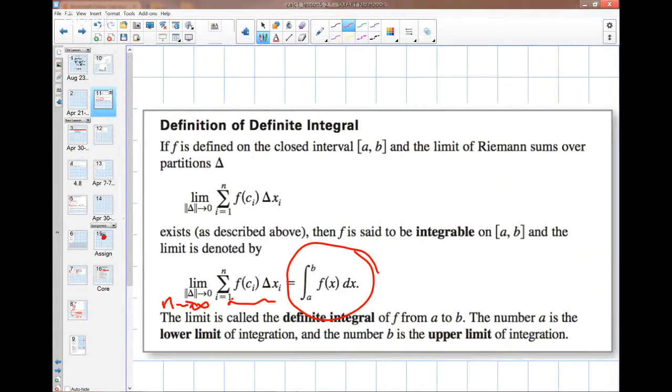Now, what's a little different from this integral, from the one I showed you the other day? Notice it has two numbers here. When you have an integral like this, that's called an indefinite integral.